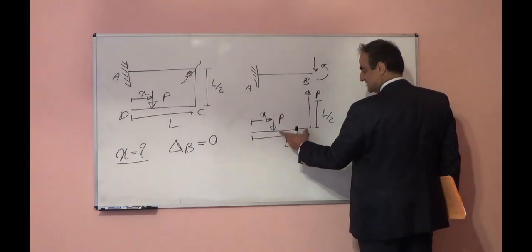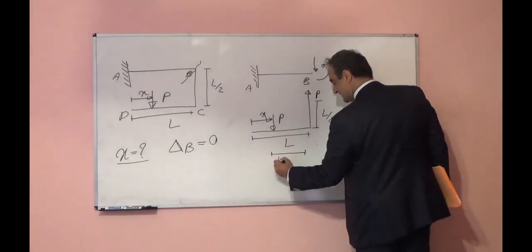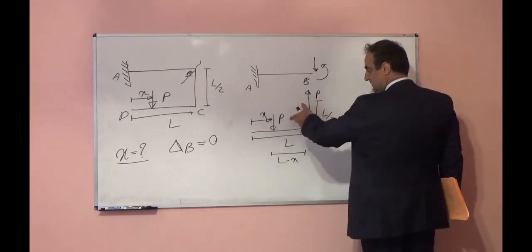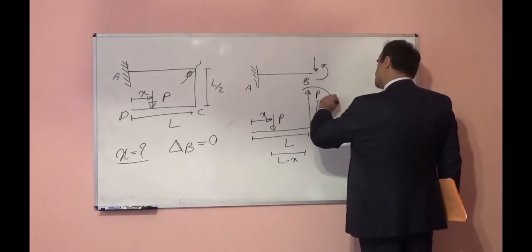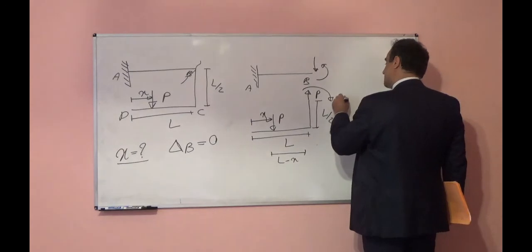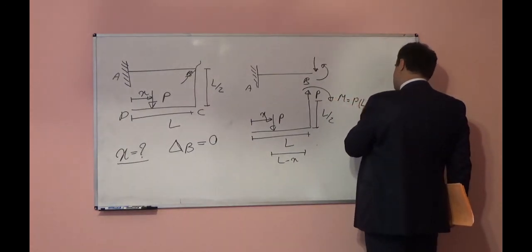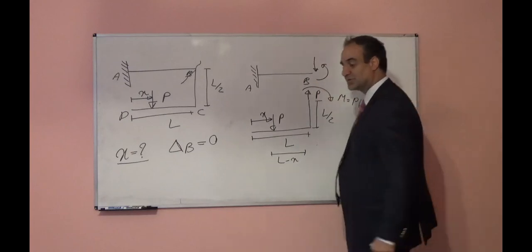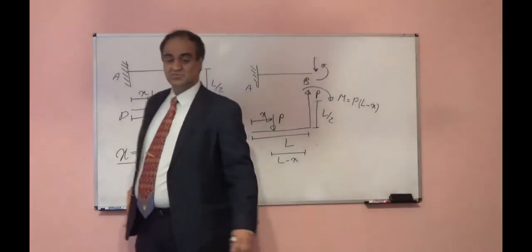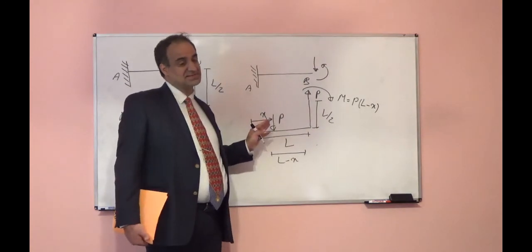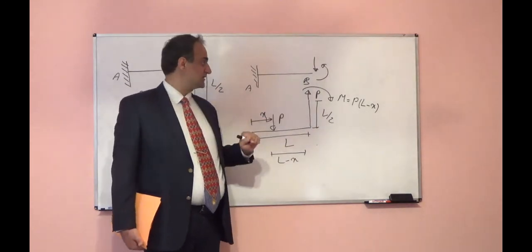P times this distance, which is L minus X, wants to rotate this piece counterclockwise. So you need moment M equal to P times L minus X in the inverse direction in order to cancel that rotation and keep this piece in equilibrium.